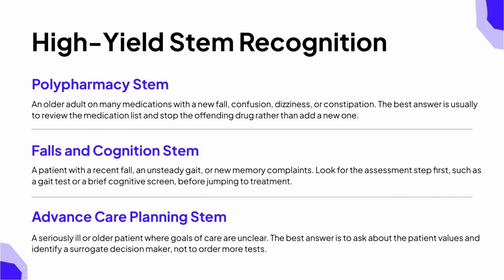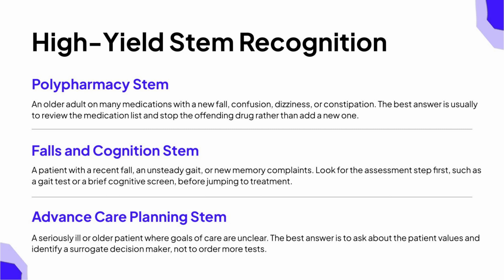For polypharmacy, the classic stem is an older adult on many medications who develops a new fall, confusion, dizziness, or constipation. The best answer is usually to review the medication list and stop the offending drug, not to add a new one. For falls and cognition, look for a recent fall, an unsteady gait, or new memory complaints, and remember to reach for the assessment step first, such as a gait test or a brief cognitive screen, before jumping to treatment.